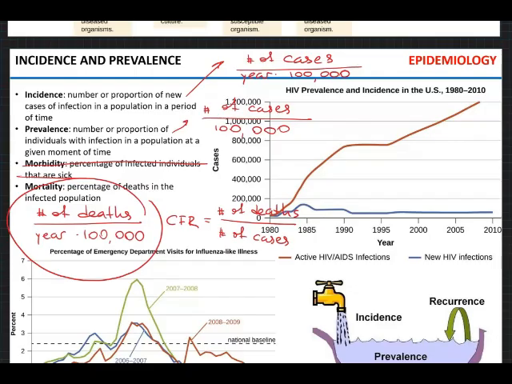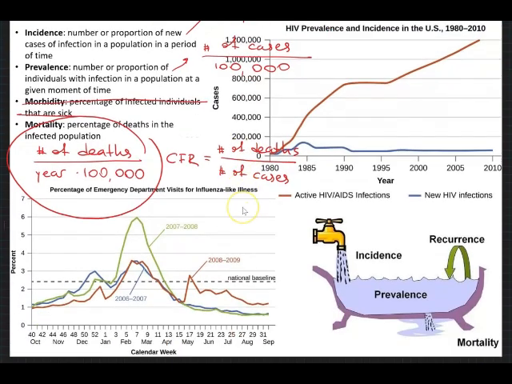So you need to use these parameters appropriately. You see what I'm trying to say? If you want to show public health impact, that's per 100,000. If you want to show how deadly the disease is, that is CFR. Case fatality ratio. Okay? And it's not a perfect measurement, but I don't want to go that far.